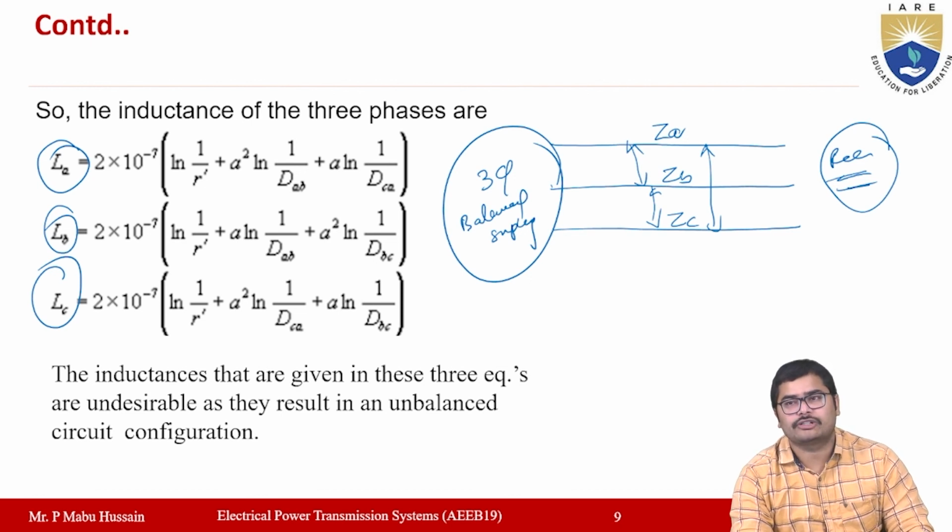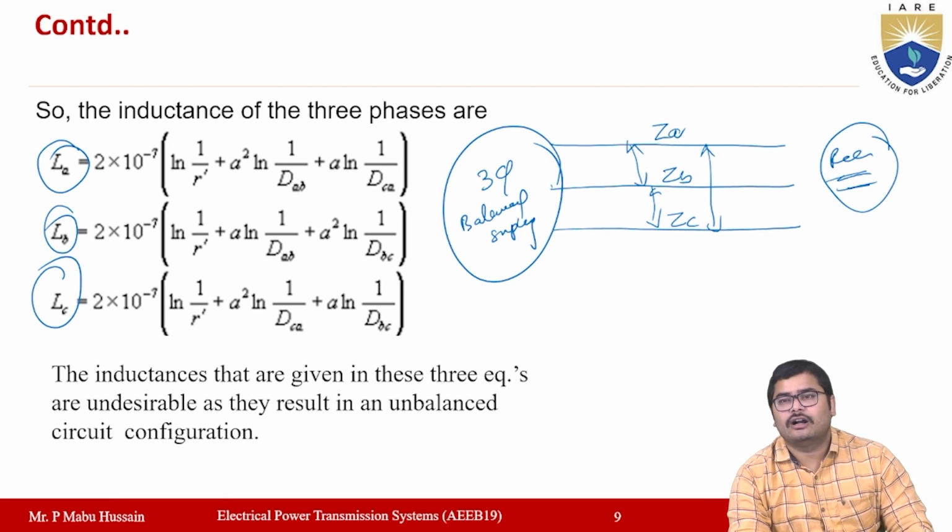You will get unbalanced voltages, which will affect the equipment connected at the receiving end. Unbalanced voltages are not desirable, so asymmetrical transmission lines are not preferred for transferring power from one end to the other.